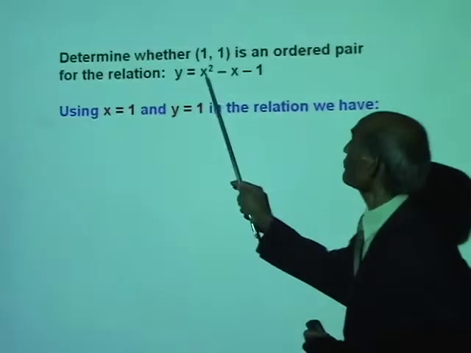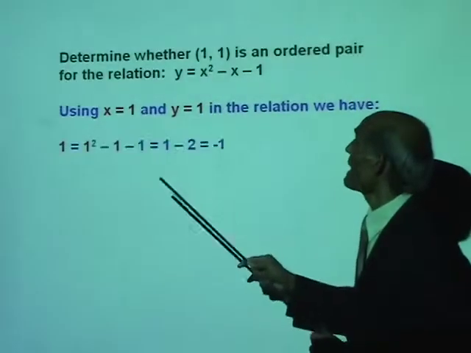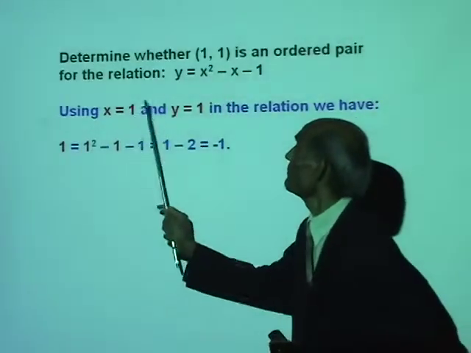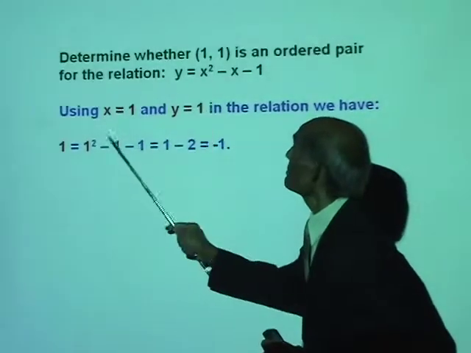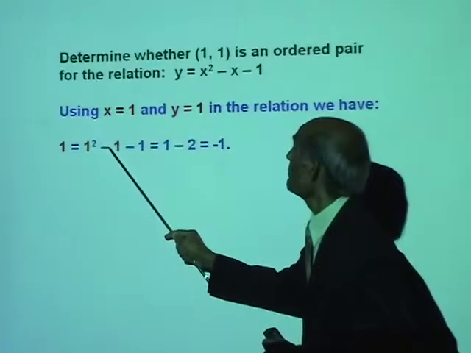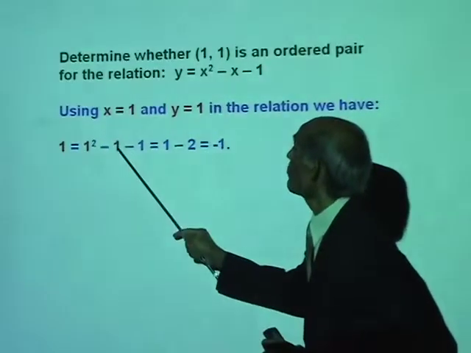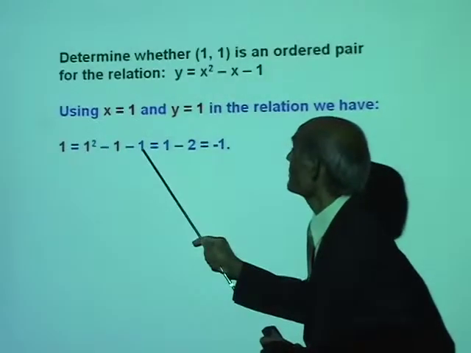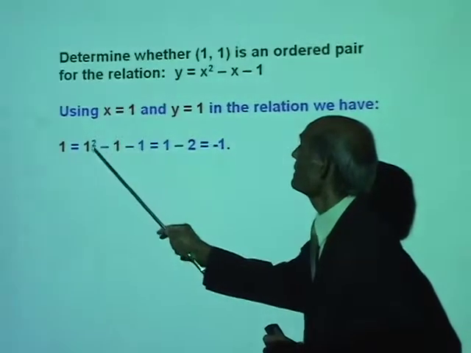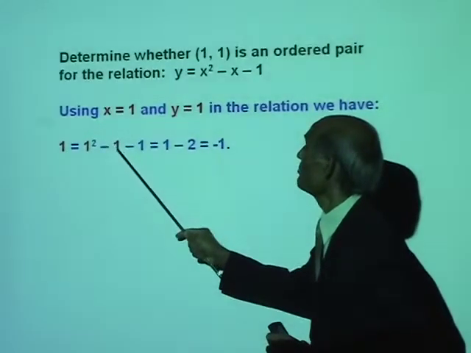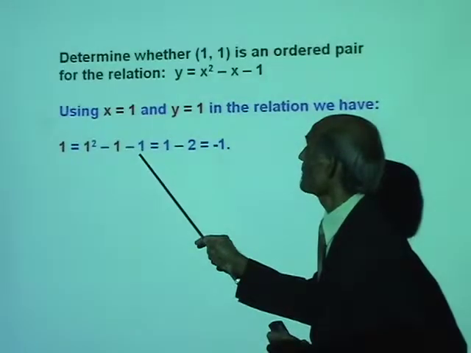Alright, let's use x equal to 1 and y equal to 1. What does that become? y becomes 1, x squared becomes 1 squared, minus x becomes minus 1. Is that right? x squared minus x minus 1 becomes 1 squared minus 1 minus 1.